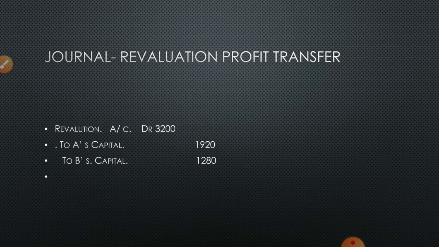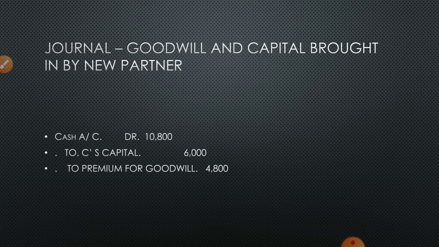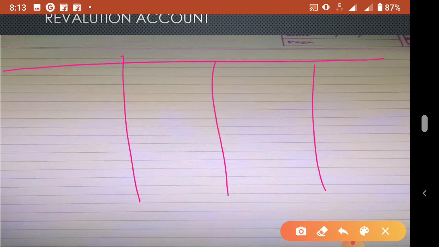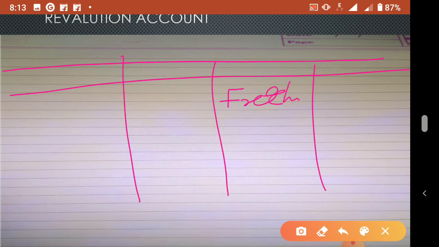Okay. Now when we prepare the revaluation account, we may get profit or loss. Here profit will come. I will show you how to make a revaluation account also. A revaluation account has a debit side with amounts and a credit side with amounts. Particulars, amount. Now whatever asset value increases, here we write. I'm writing in short form. Freehold premises, how much? 5,000.